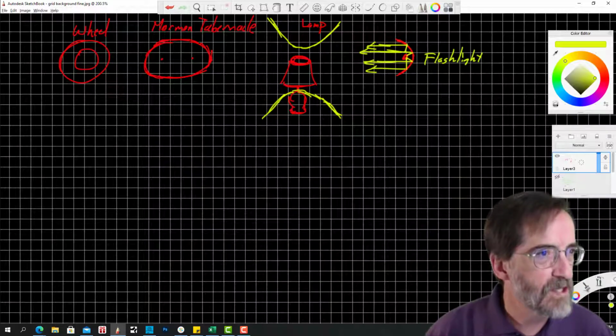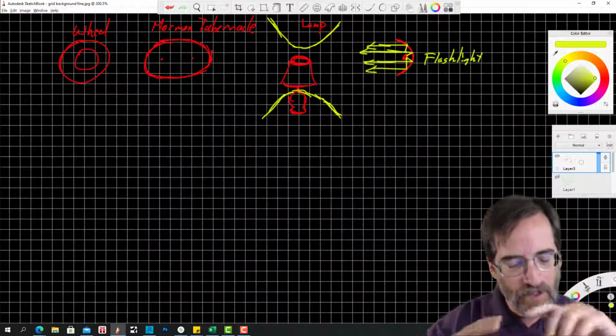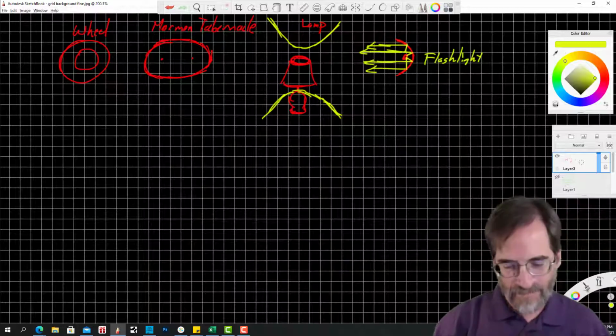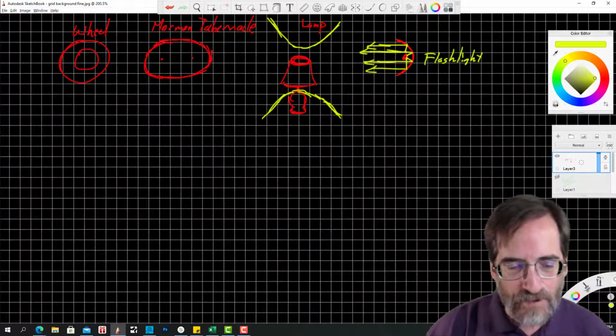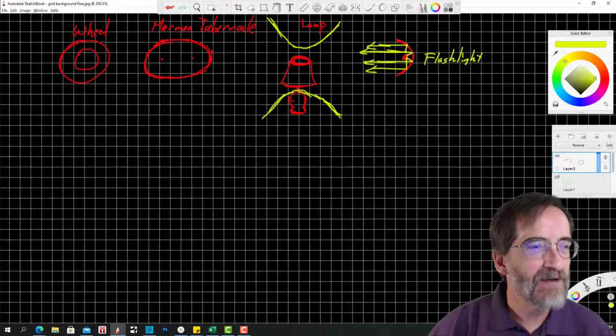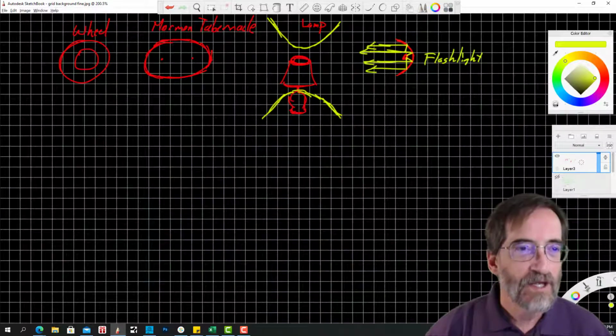Where we're going here is this. Choose one of your conic examples to study in greater detail. I'm going to put my foot down and say, do not pick a circle. The circle is trivial. It is boring, because they have you double or half the distance between the focus and the vertex.